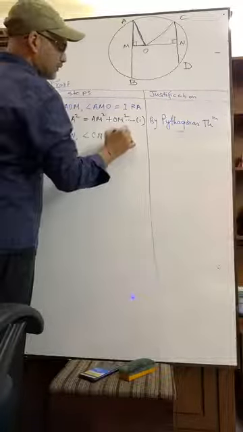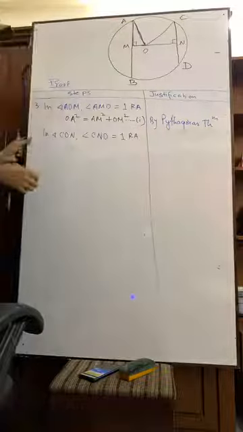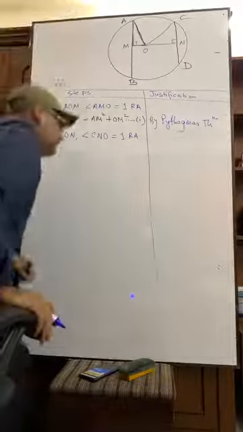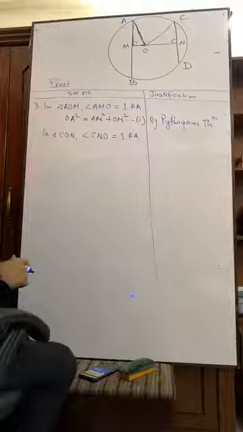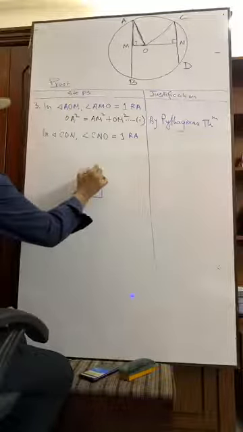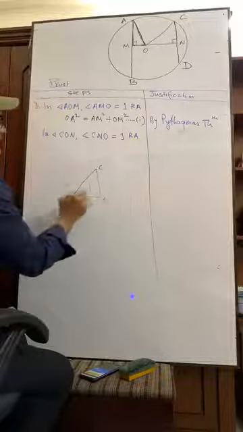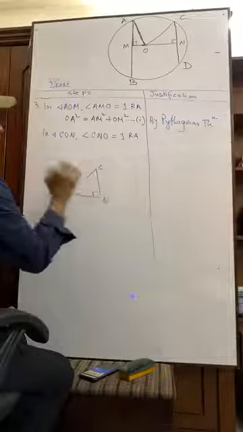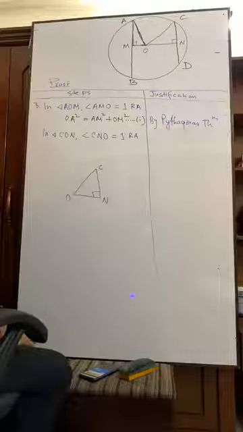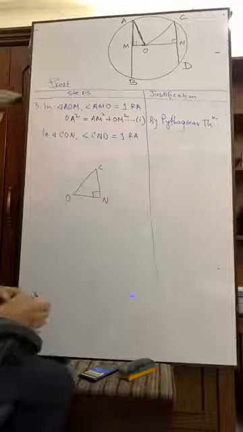This is C, this is N, and this is O. This is one right angle. So what is the hypotenuse here?